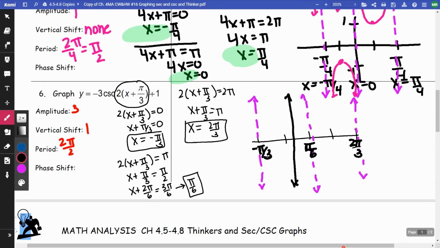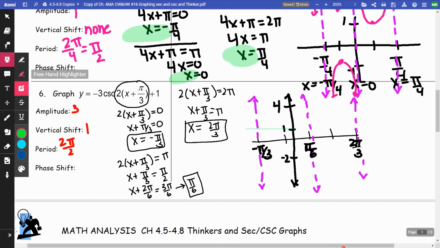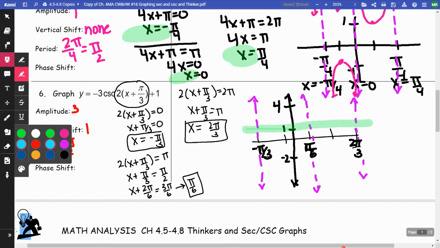So let's say it's about here. And I am going to be scaling this. I'm going to be starting at 1. I'm going to go 3 above, which puts me at 4. I'm going to go 3 below, which puts me at negative 2. So if I'm drawing this, hold on, let me redraw it. I have an asymptote, not an asymptote, but a vertical shift there. My highs are going to be here. My lows are going to be here.